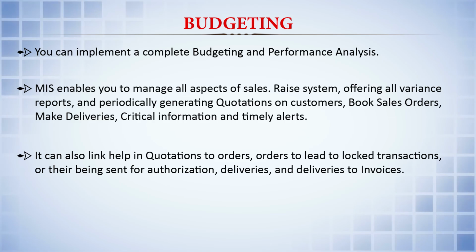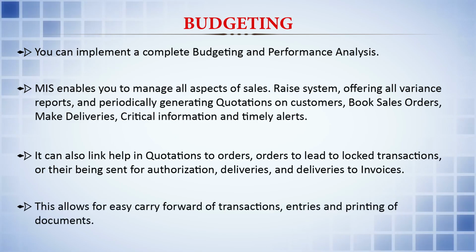It can also help you in maintaining the quotations and orders, which lead to locked transactions that are sent for authorization, deliveries and then invoices. This allows for easy carry forward of transactions, entries and printing of the documents.